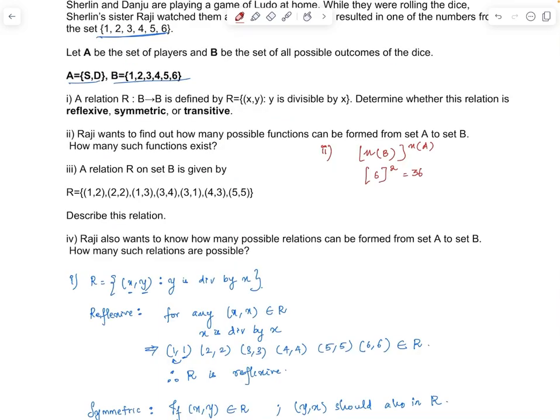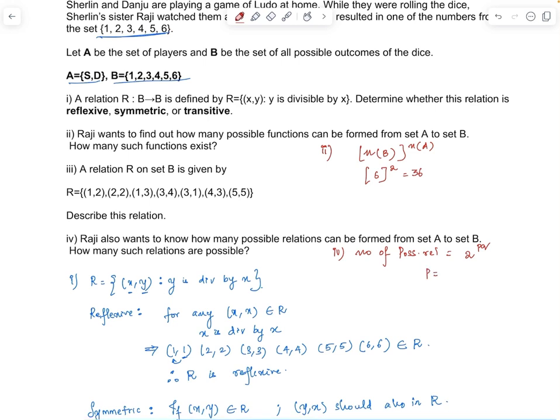Question number 4. Raji also wants to know how many possible relations can be formed from set A to set B. How many such relations are possible? Number of possible relations is equal to 2 power p times q.